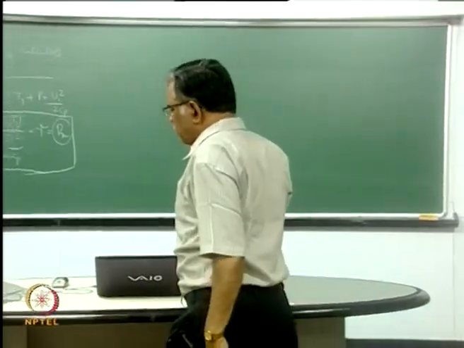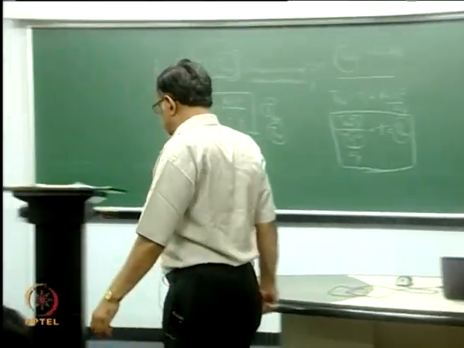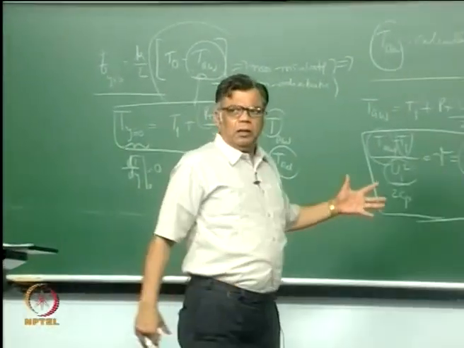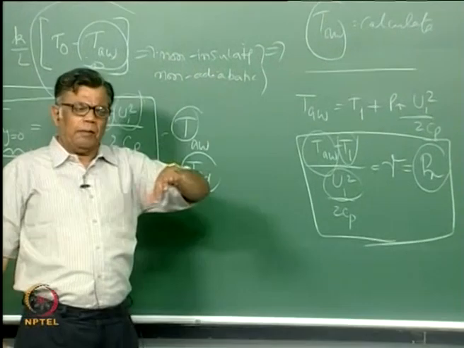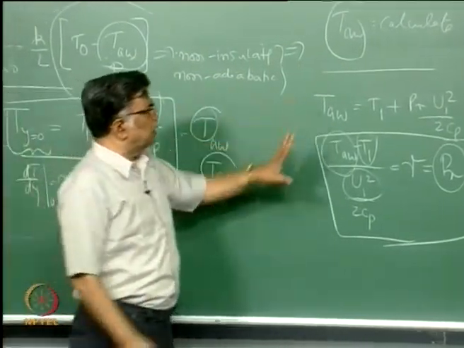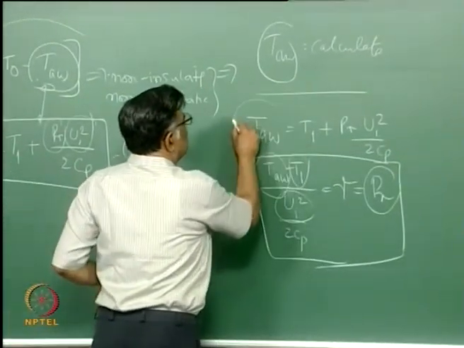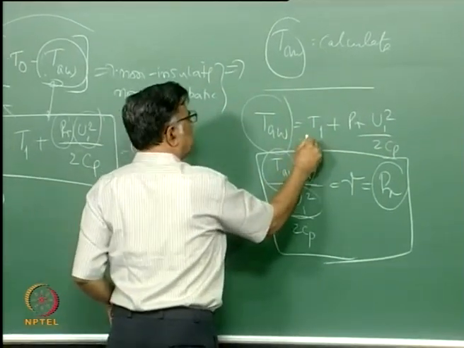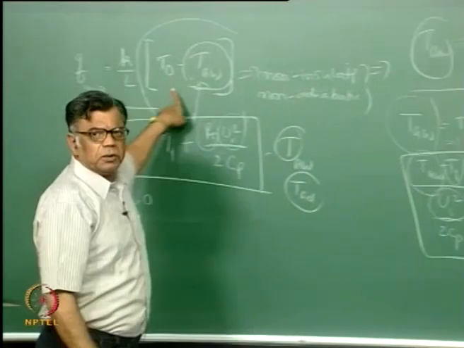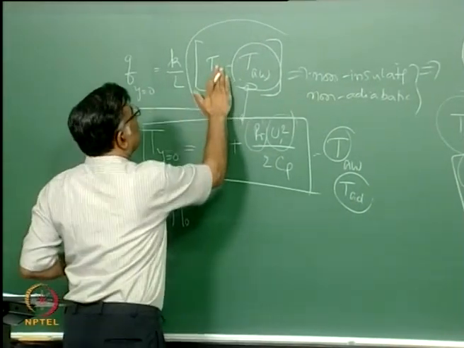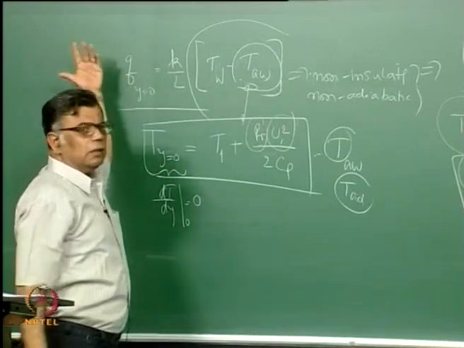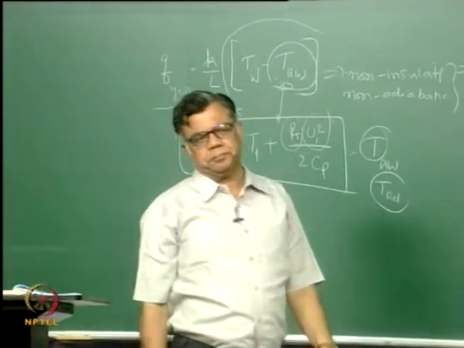So when we want to calculate the rate of heat transfer in convection, in any situation, this is an example, and the same thing you can do in the laminar. Here it very clearly says, do not worry about what U1 and T1 are, get the adiabatic wall temperature, use this expression, T0 is actually T_W in a way, our old thing, and immediately you have the heat transfer coming into picture.